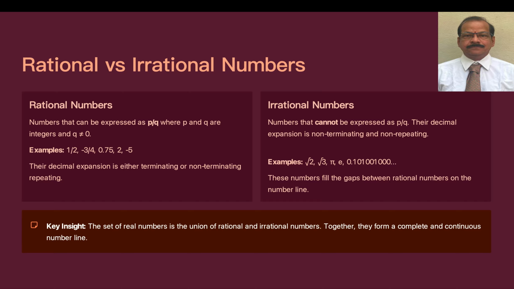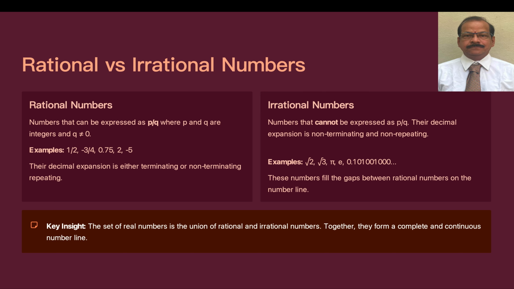These numbers fill the gaps between rational numbers on the number line. On the number line, rational numbers are fixed points. Between these fixed points, whatever the length of the line is, it is continuously filled by these irrational numbers.